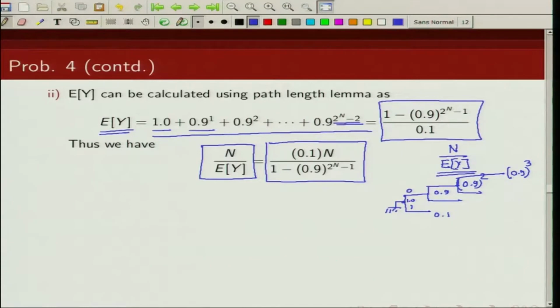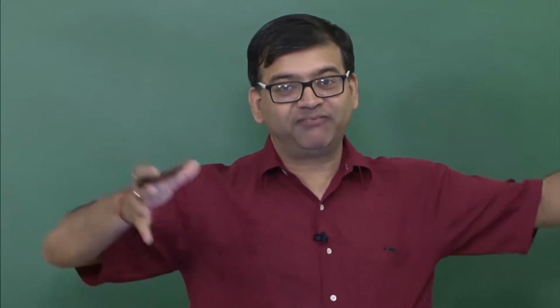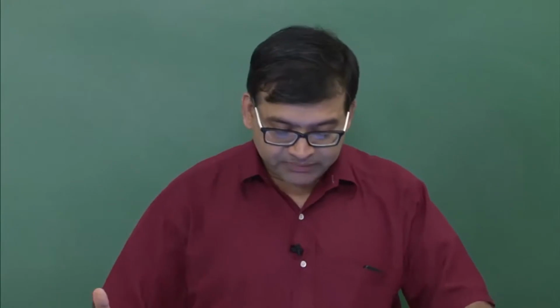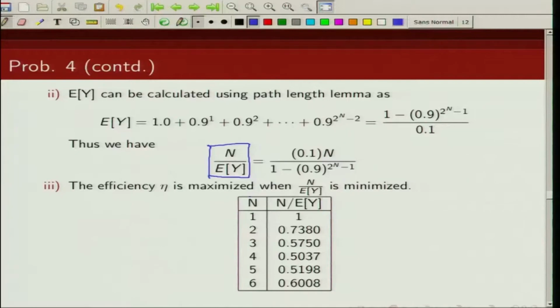Now, the third part of the question asks what is the value of n for which we get maximum efficiency, and of course we will get maximum efficiency when this ratio is smaller, because we want to compress a large block of data. Remember we are doing variable to block length coding. So, the output block length is fixed. So, we will get more compression if we are able to combine larger blocks of data into this block of length n. So, we evaluate this ratio for various values of n.